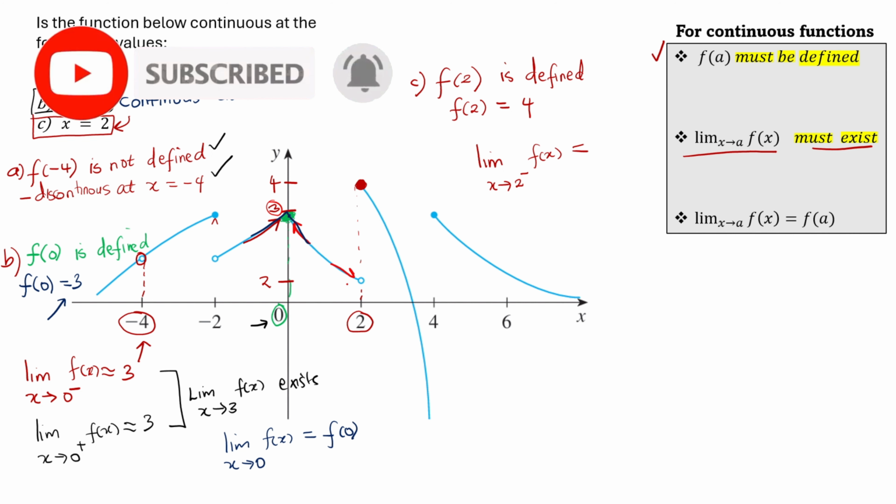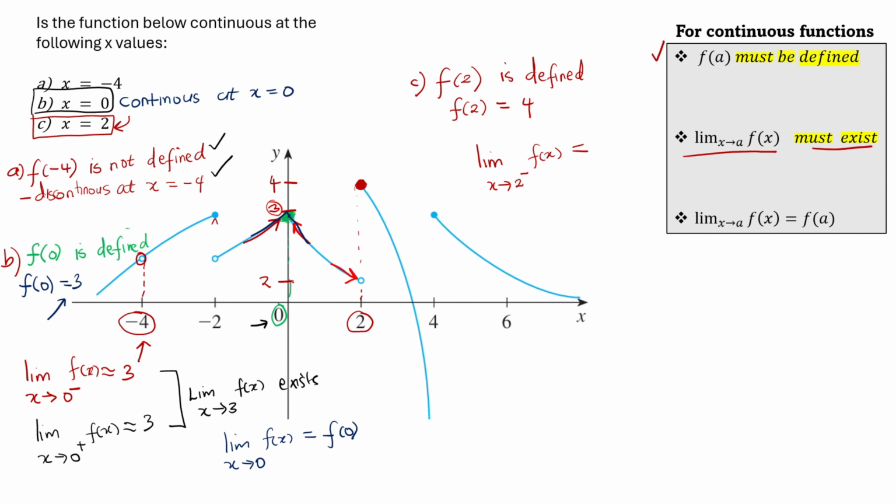So you look at the y value on the y-axis, which value are we approaching? We're approaching approximately 2. So we're just going to say the limit as we approach 2 from the left is approximately 2. Because this is the closest y value that we are approaching as x goes to 2 on the graph.